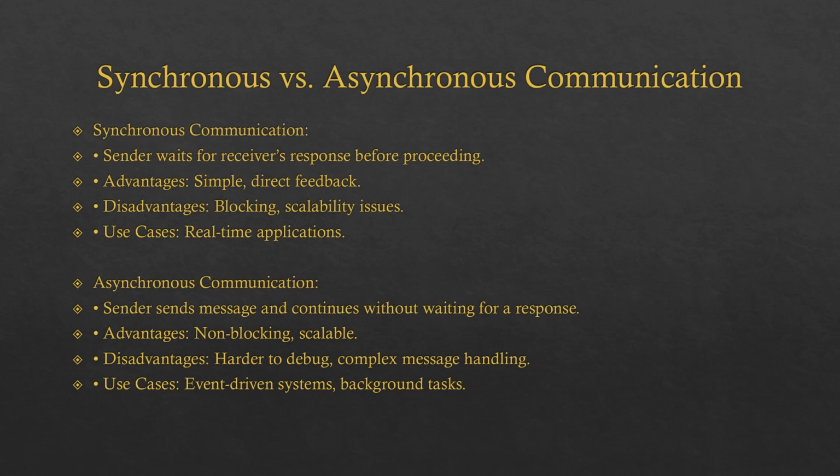On the other hand, asynchronous communication allows the sender to continue without waiting for a response. This approach is non-blocking and highly scalable, making it well suited for tasks that don't require immediate responses, like event-driven systems or background tasks.